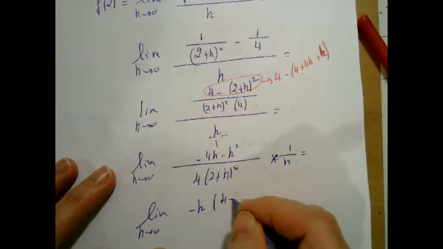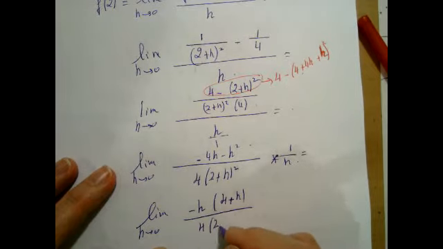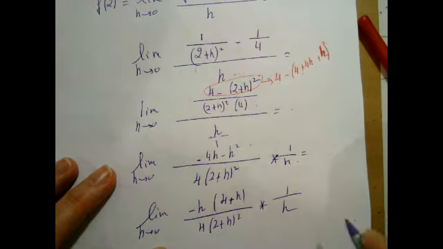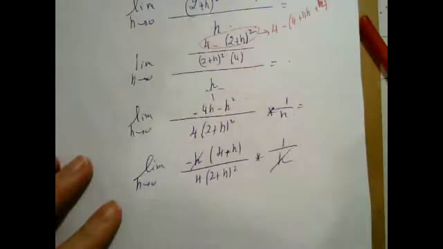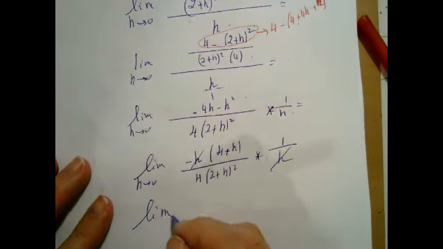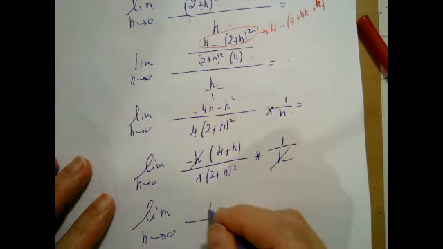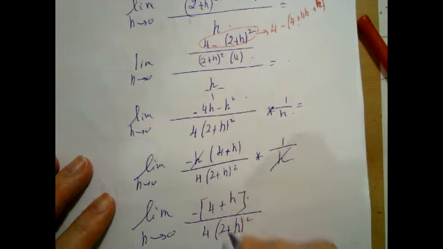We'll be left with 4 plus h here and 2 plus h squared times the 1 over h. Now this h and this h cancel each other out, and I will be left with the limit as h goes to 0 of 4 plus h over 4 times (2 plus h) squared, and that is my minus.